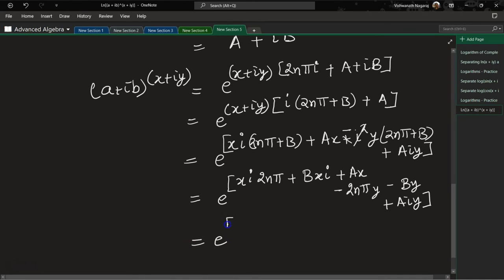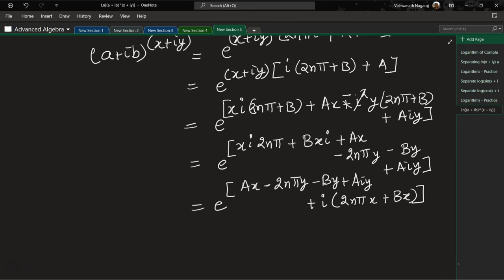E to the power of those terms which are not i: Ax minus 2n pi y minus By, plus Aiy, and then we have plus i times (2n pi x plus Bx).